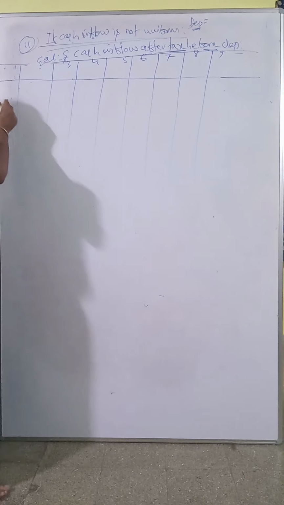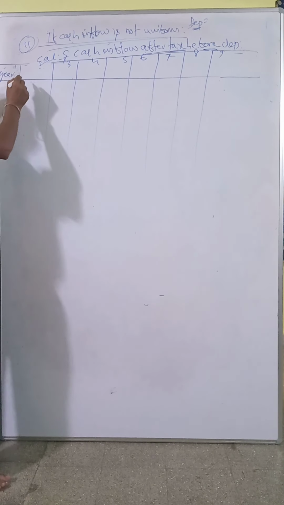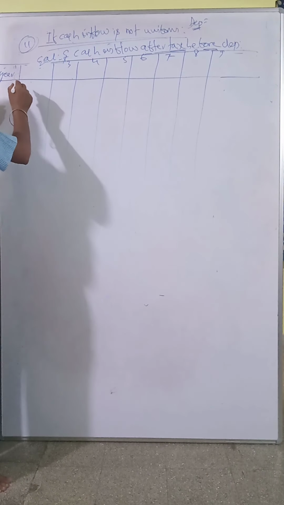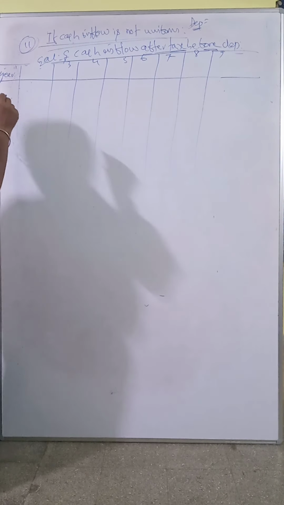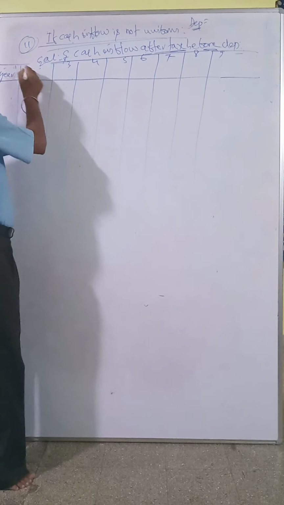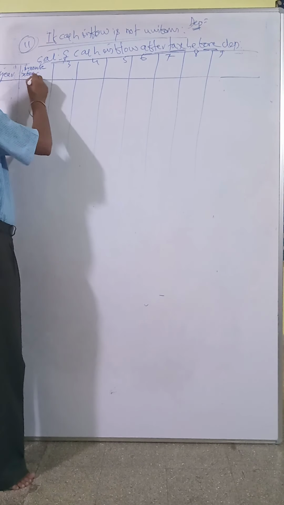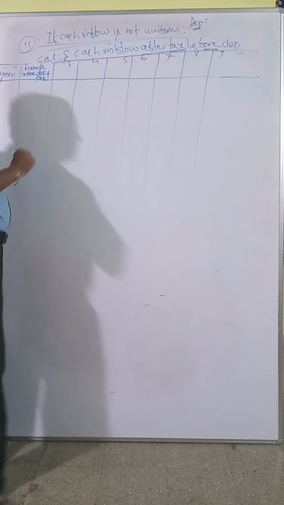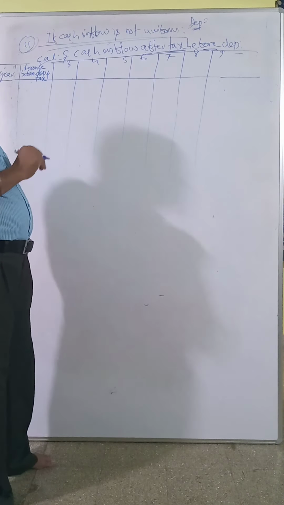So here is the given 5 years, 1 year. Then the given cash inflow, income before depreciation and before tax. But we want after tax before depreciation.